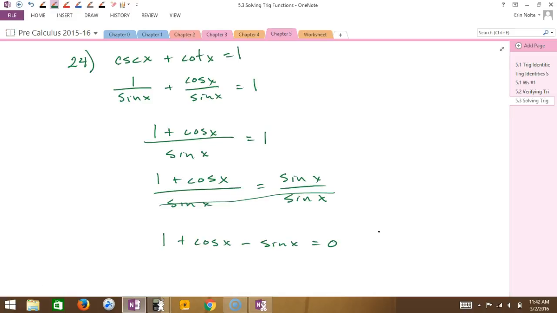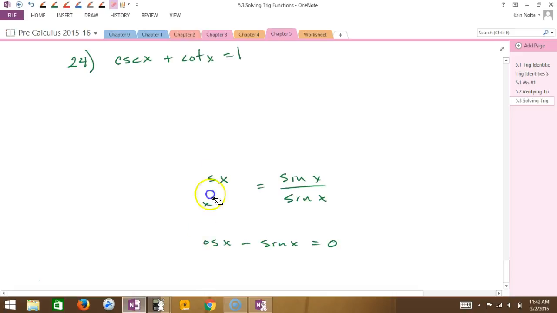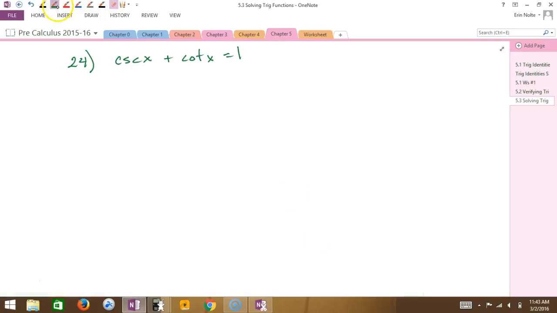Immediately, if we went back to the original and squared, let's try that. I'm gonna erase everything. See if this will work. Square it.